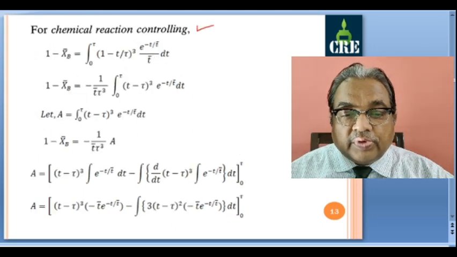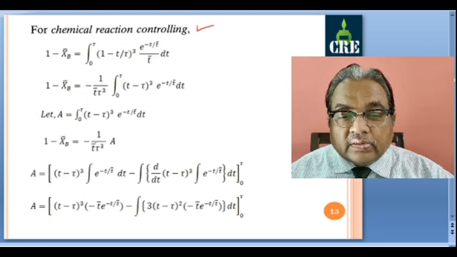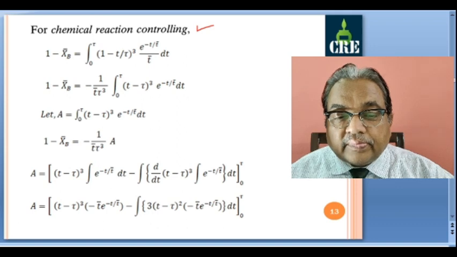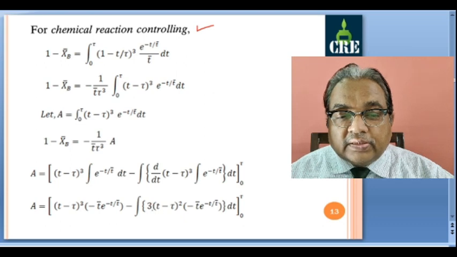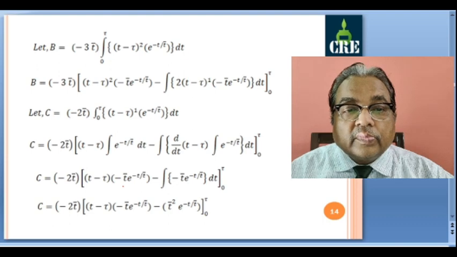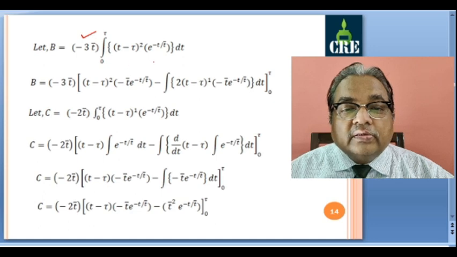This I have written from the previous expression. This minus sign I am associating with this 3, so minus 3 t bar. This I have taken common, and this integration by parts I have to solve.